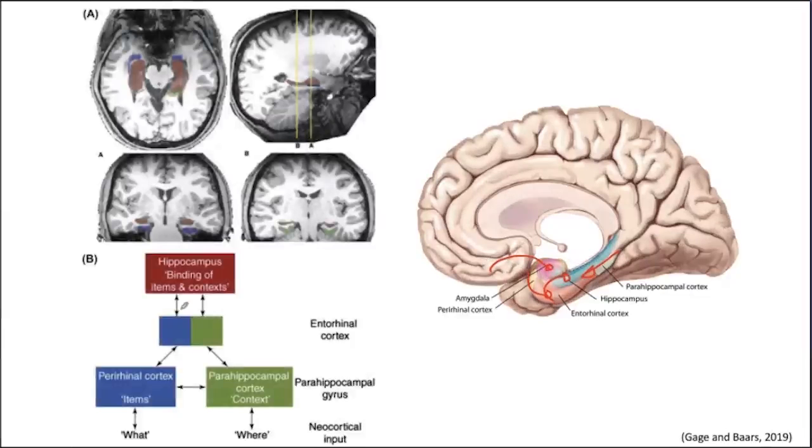Mainly the perirhinal cortex is involved in the what pathway, and the parahippocampal cortex is involved in the where pathway. They connect basically through what I can say is the MTL complex, which is related to all those pathways in the cortex with these connections.